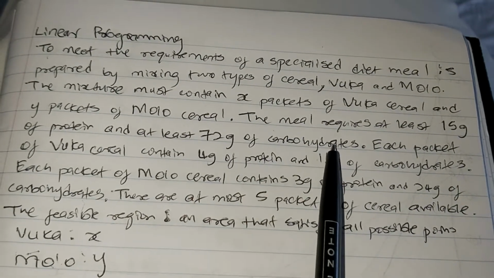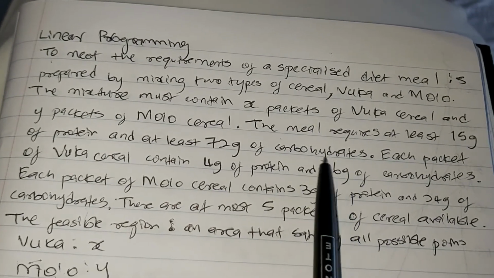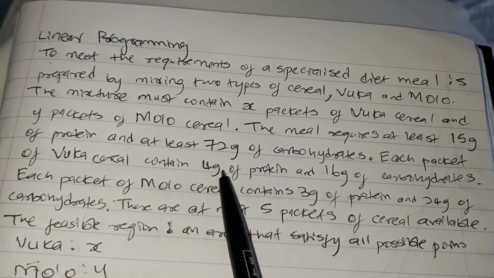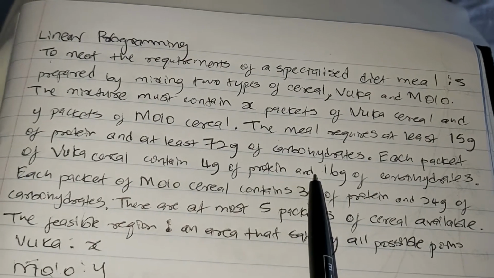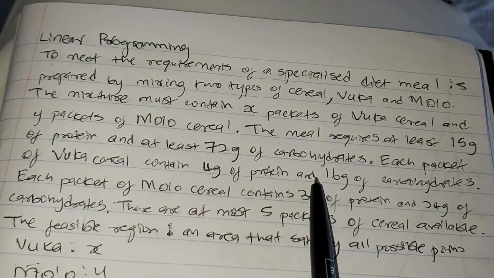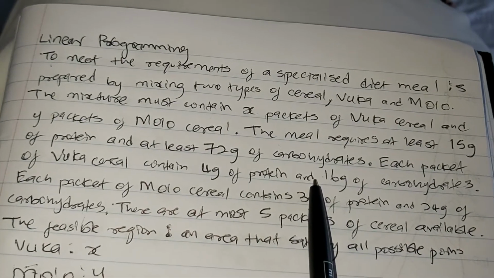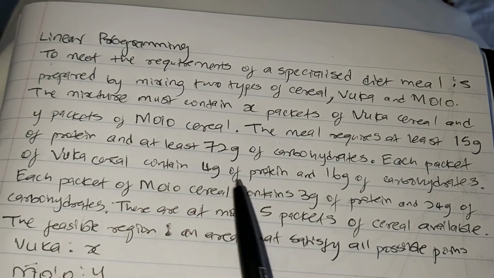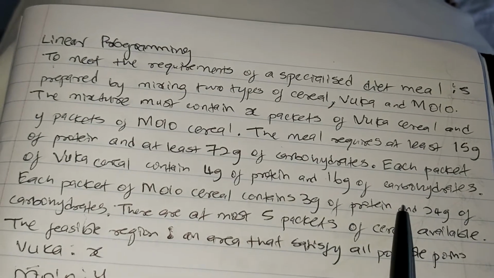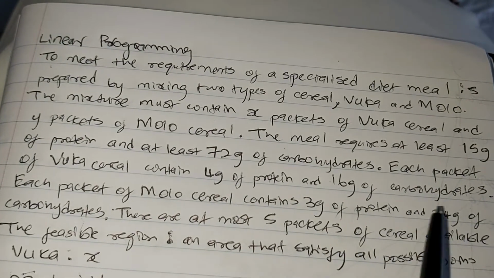Then when you go further, each packet of Vuga contains 4 grams of protein and 16 grams of carbohydrates. And also Molo contains 3 grams of protein and 24 grams of carbohydrates.